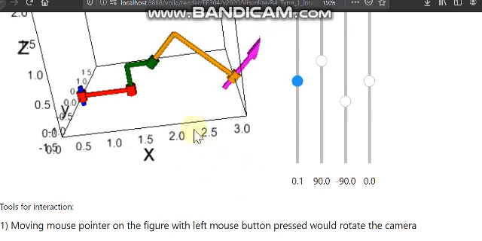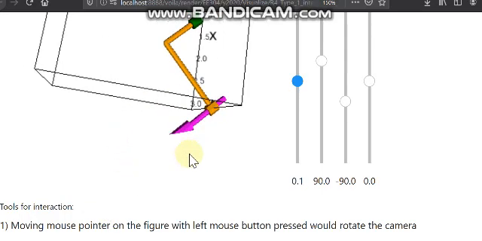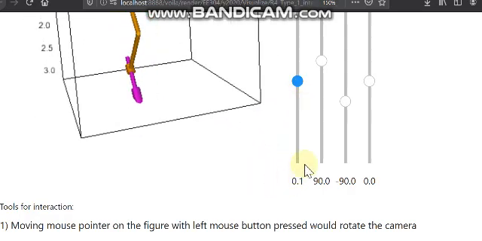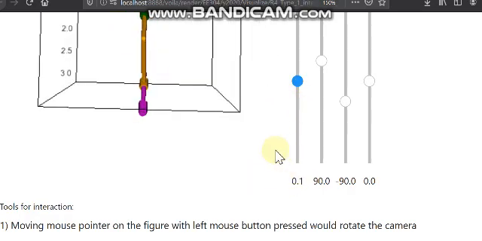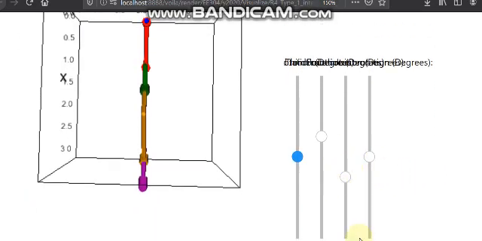Perhaps it can be better seen in this particular orientation. So as we change theta 1, O4, which is located here, is just moving along a straight line, along the y-axis.